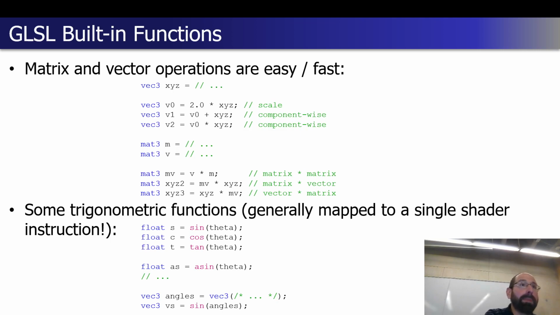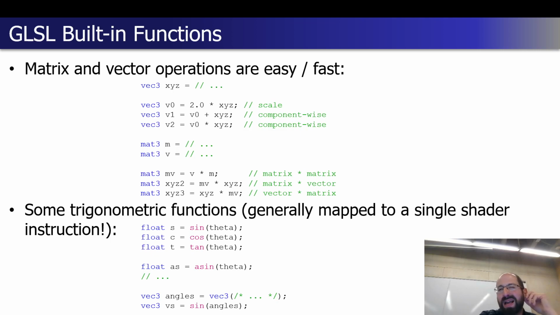The math library is also optimized, but it's an optimized piece of software that may be architecture specific, and is otherwise trying to do the best it can at giving you a good, fast version of sine of x. Generally, if you have built-in native support for a function, trigonometric or otherwise, it should be assumed to be a single shader instruction, and a relatively fast implementation of that instruction.